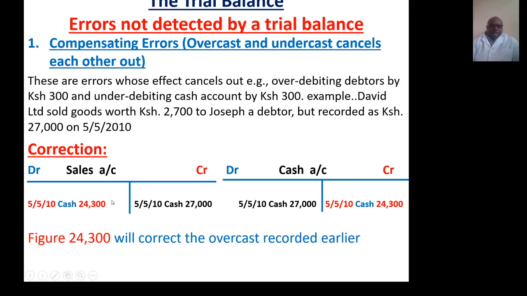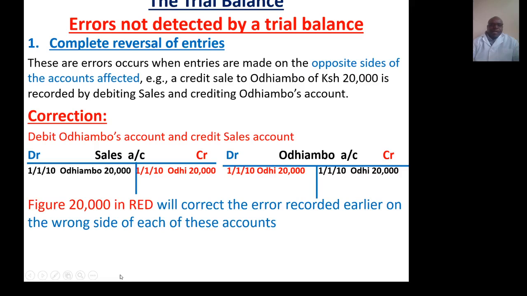So we record 24,300 on the debit side of the sales account and 24,300 on the credit side of the cash account. So the 24,300 figure will correct the overcast recorded earlier in these two accounts.